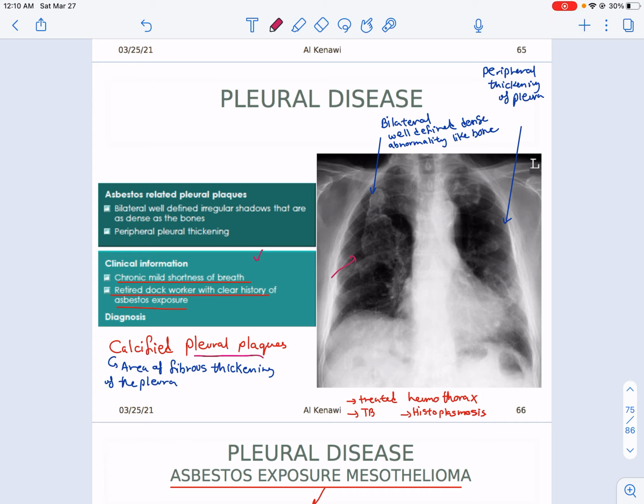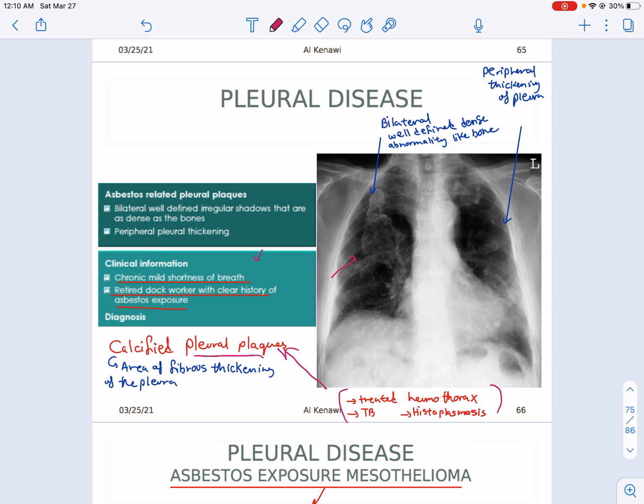We may have a differential diagnosis, so we need to know the history of the patient. When do we see calcified pleural plaque?